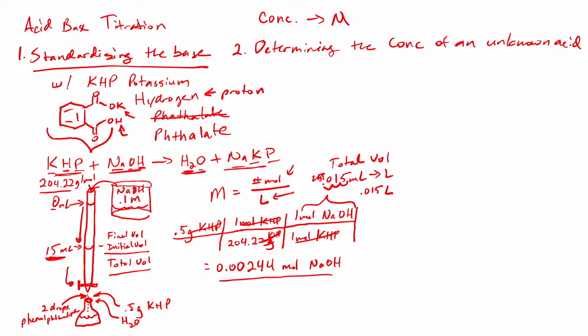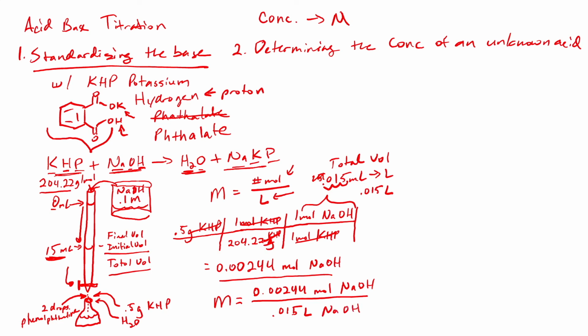Good stuff, because now you can say molarity equals the number of moles of sodium hydroxide, which here is 0.00244 moles of NaOH, and then divide that by the 0.015 liters of the sodium hydroxide that you put into the flask.